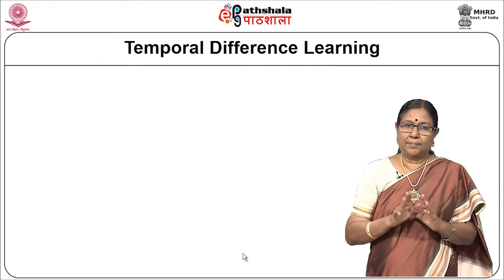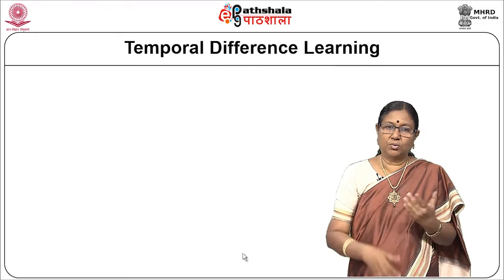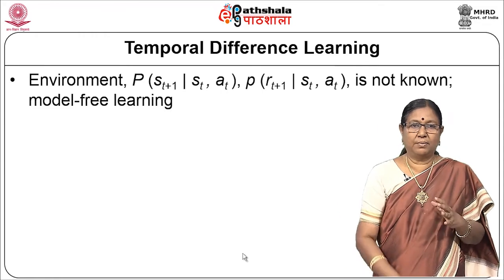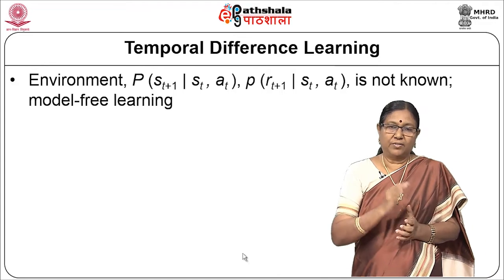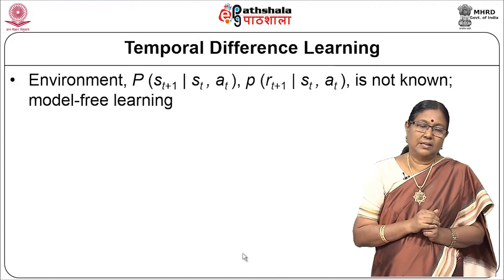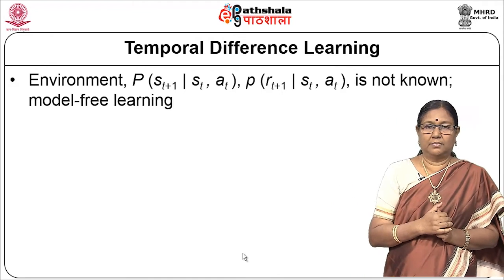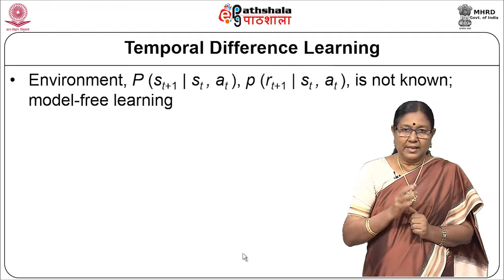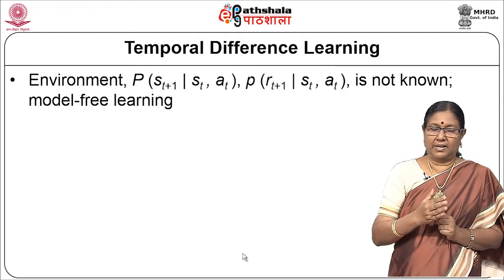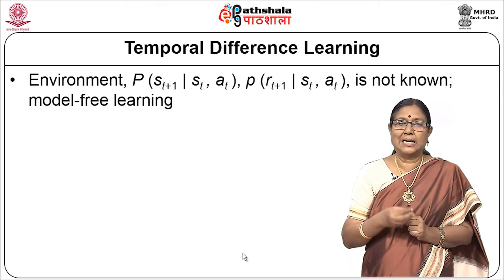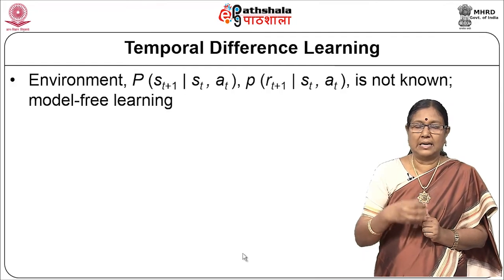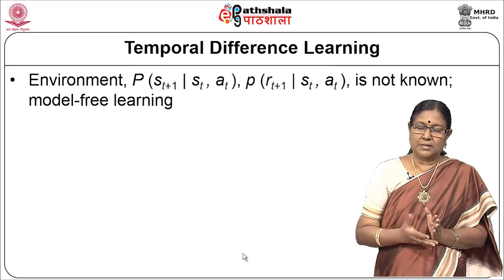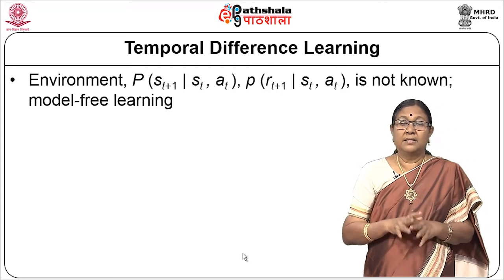Now, we go to temporal difference learning. We will go into a little more detail in the next module, but before that we have to understand what we mean by temporal difference learning. Remember, just before this we had discussed that the environment is known. Here let us assume that this particular environment, that is, the probability of the state at t plus 1 given the state at t and action at t, and the probability of a reward at t plus 1 given the state s_t and a_t, is not known.